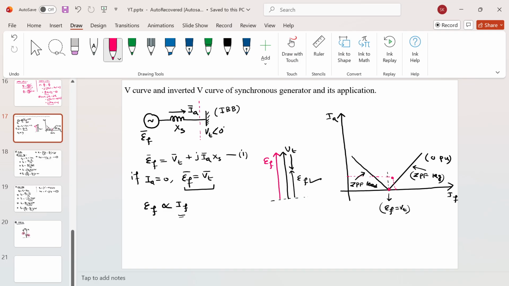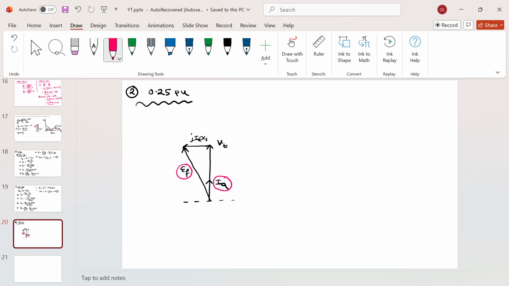Now you have to check what will happen to the equations and all. And this is my rotor angle or power angle. So if you see now you have non-zero power angle or rotor angle, whatever you want. So EF at an angle delta equals VT at an angle 0 plus j IA XS.